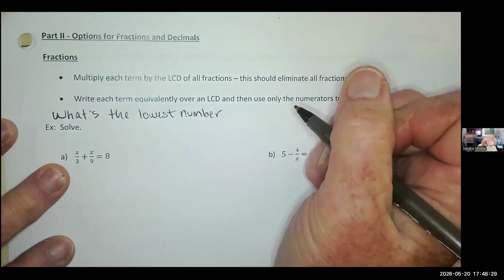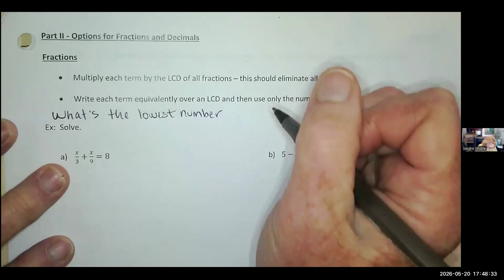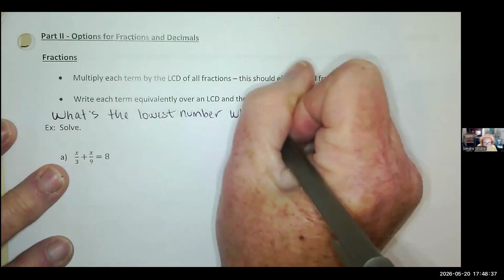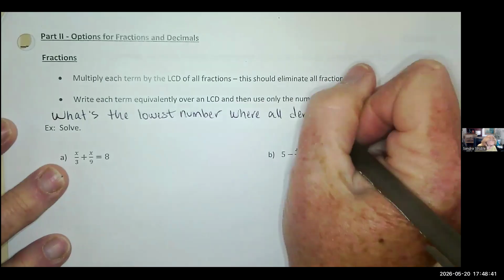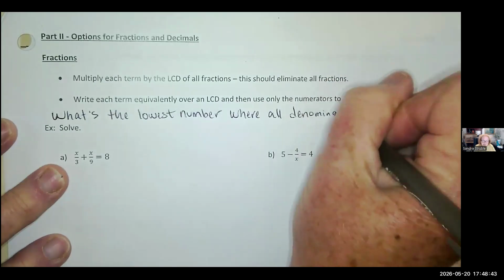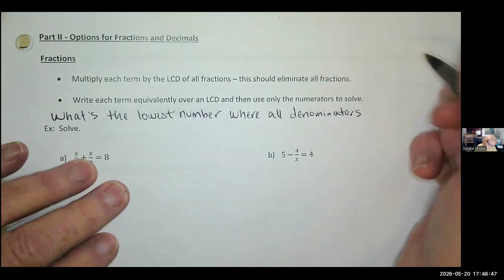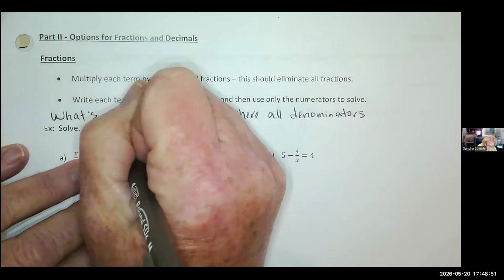What's the lowest number where all denominators, that's the bottom number, divide into evenly.